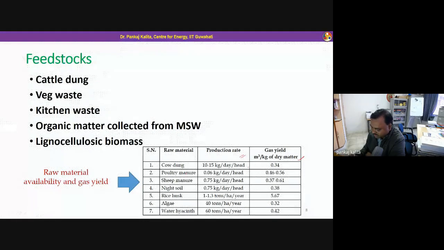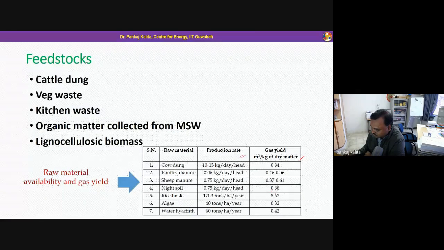In case of poultry manure, it's about 0.06 kg per day per head. One poultry can give about 0.06 kg, and the gas yield potential is about 0.4 to 0.56 cubic meter per kg of dry matter. Then you can see the sheep manure, and then we have rice husk.